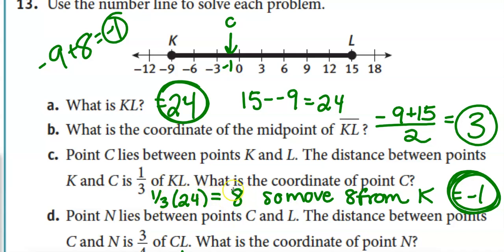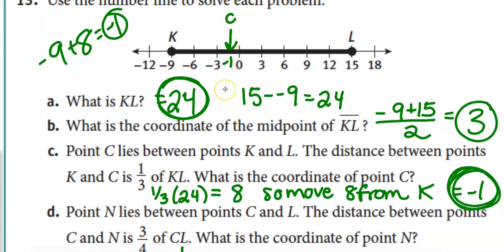Okay? So it's 8 movement points from our starting point of K. So I need to move 8 from K. So if K is at a negative 9 and I go 8 in the positive direction, that's the same thing as saying a negative 9 and I'm going positive 8 to give me a negative 1. So C is going to be located somewhere here at a negative 1.